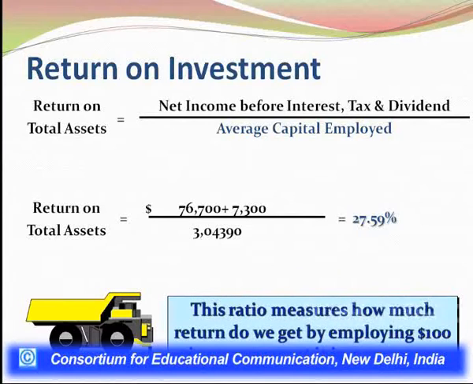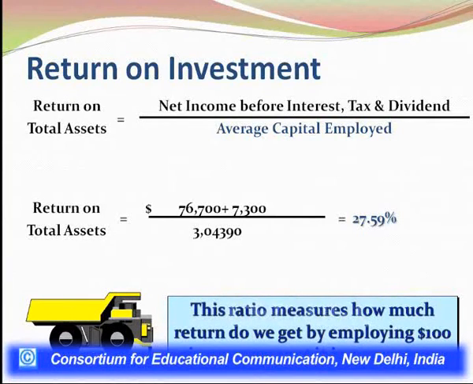You can calculate the capital employed by adding the shareholders fund with the long term debts used by the company, right? Or you can calculate it with the help of your fixed assets plus the working capital employed by the company. So either way, here we have taken the average capital of 3,04,390.